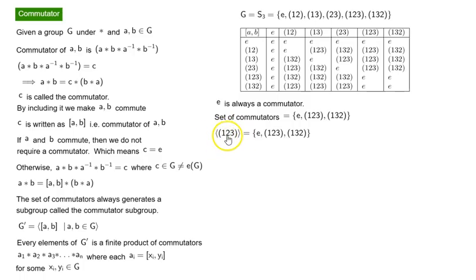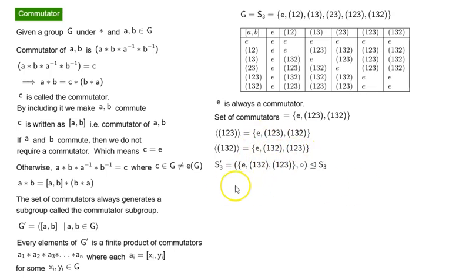If we generate the subgroup using the permutation 1, 2, 3, we get E, 1, 2, 3, 1, 3, 2. And the same is the case with respect to the subgroup generated by 1, 3, 2. That also generates the same thing. The only thing is it is permuted.